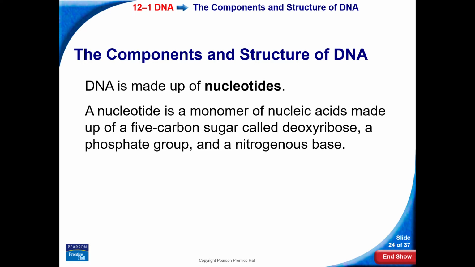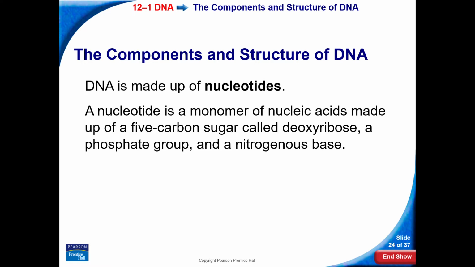So it contains a 5-carbon sugar, which explains the little pentagon shape in the nucleotide, the gray sugar shape, a phosphate group, which is indicated by a small circle and a P on the diagram, and a nitrogen base.